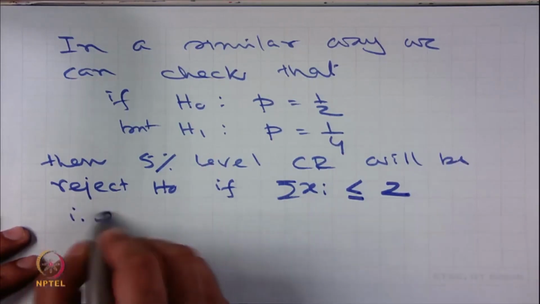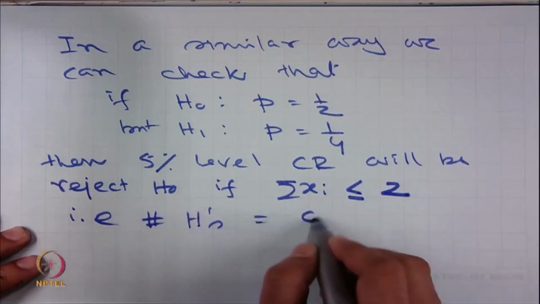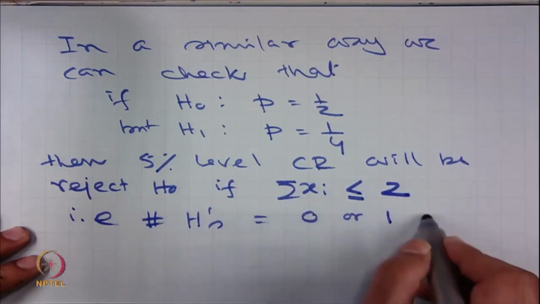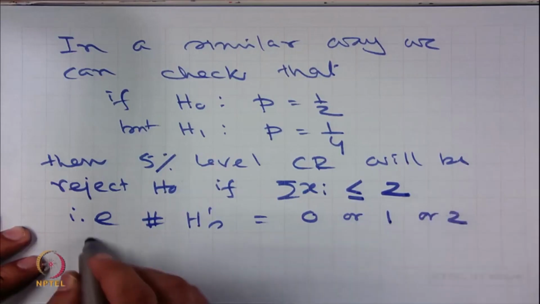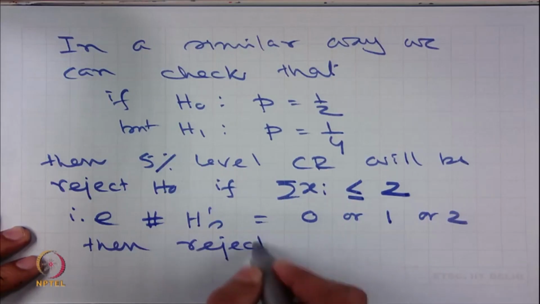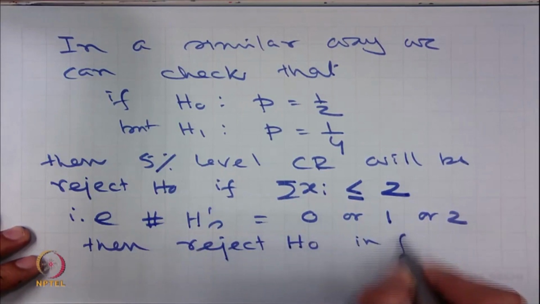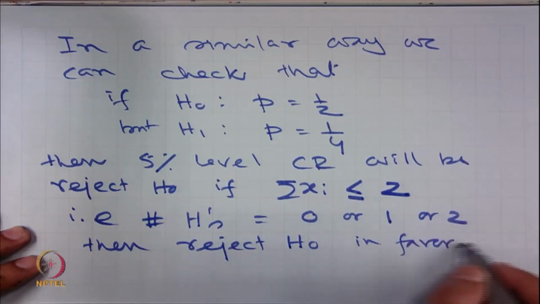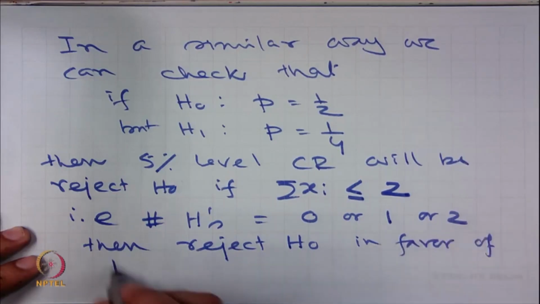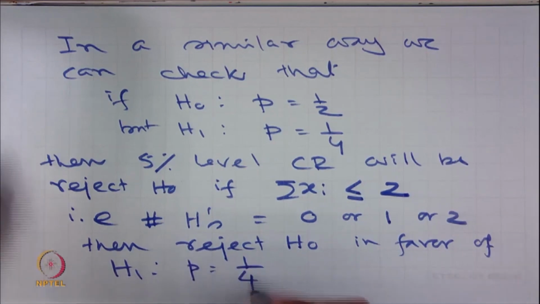That is, if the number of heads is 0 or 1 or 2, then reject H naught in favor of H1, p equal to 1 by 4.